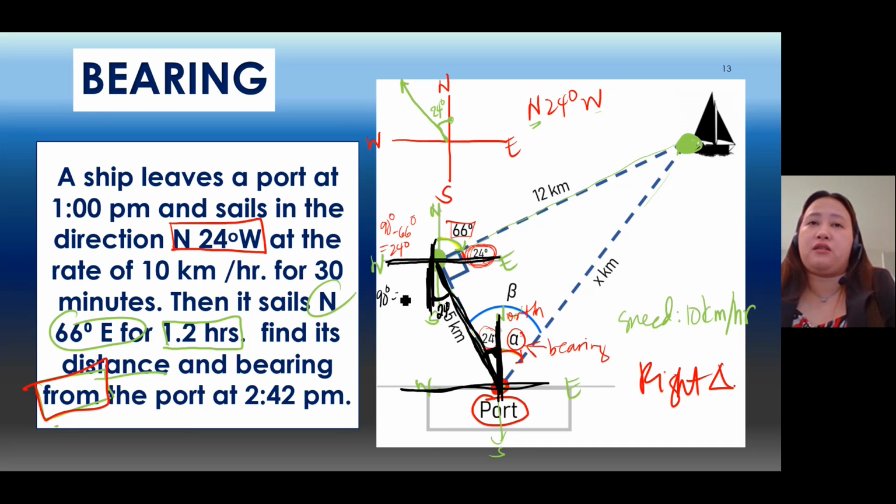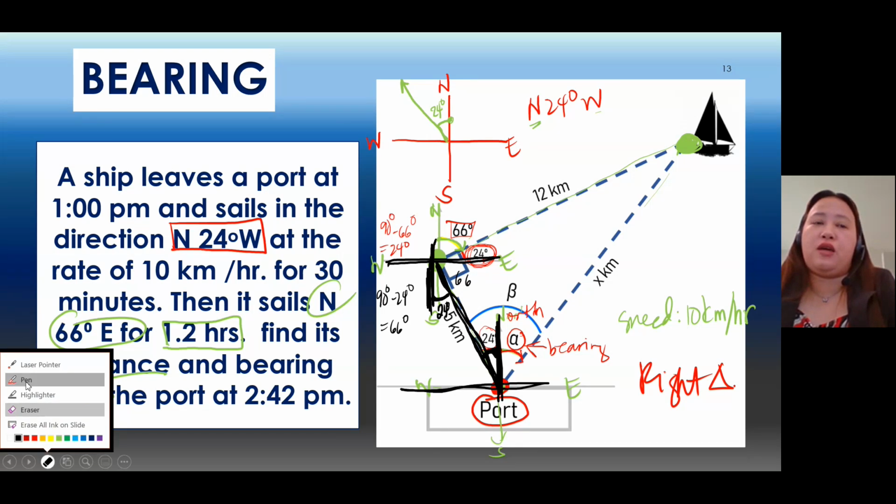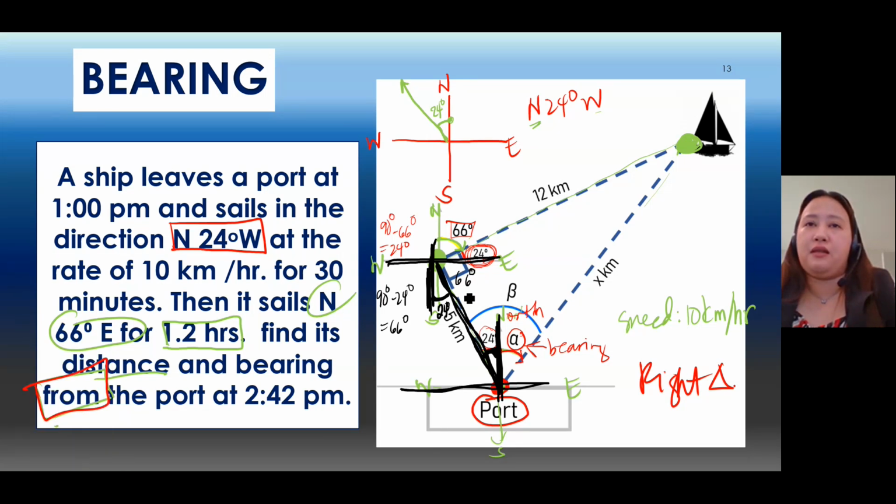So 90 degrees minus 24 degrees, we do have 66 degrees. So this is 66 degrees. And then just try to check if we can have here a right angle. So how would you know? Since we have here 24 and then 66, adding the two, we have 90 degrees, a right angle, therefore we have a right triangle.